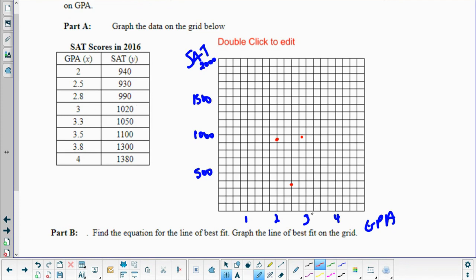3 was 1020. So 3 is going to be above 1,000. This is 1,100, so it's going to be like right there. All right, 3.3 and 1050. It's going to be up there too. 3.5, 1,100.